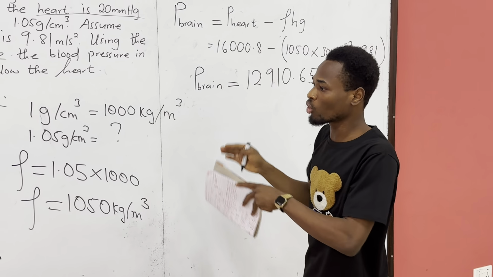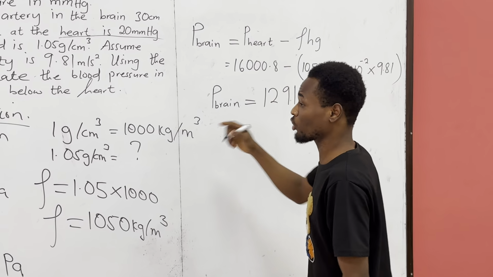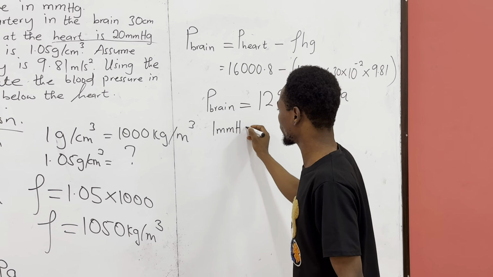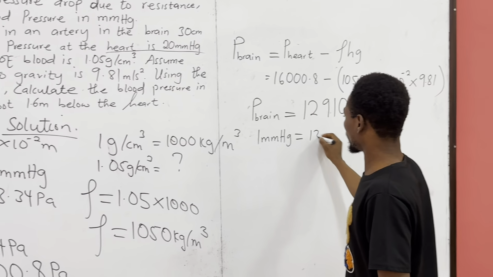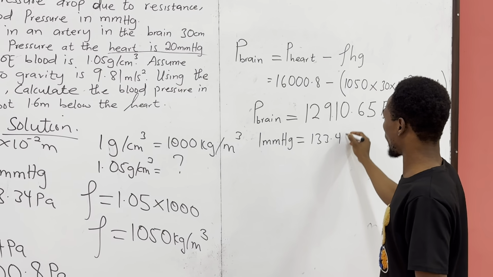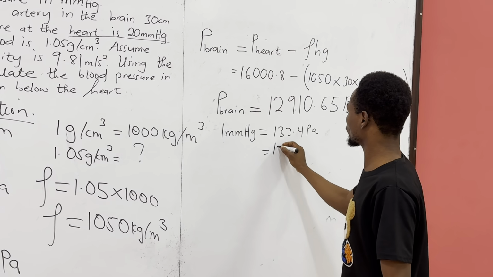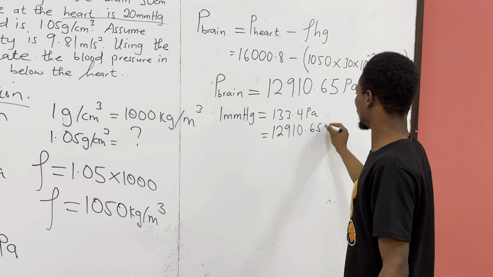By simple proportion, we know that 1 millimeter of mercury is giving us 133.4 Pascal. And this time around, I have 12910.65 Pascal.